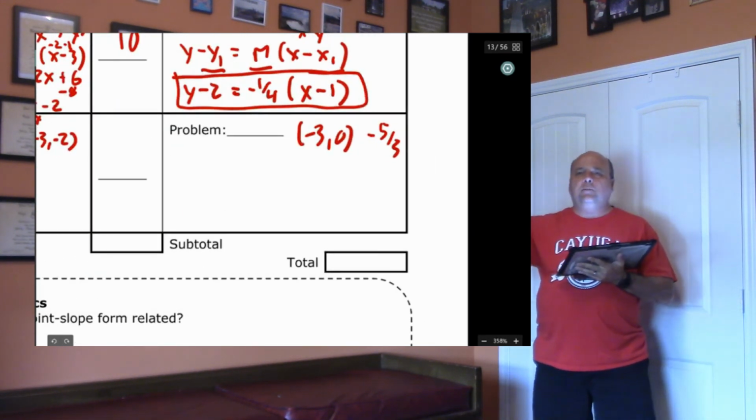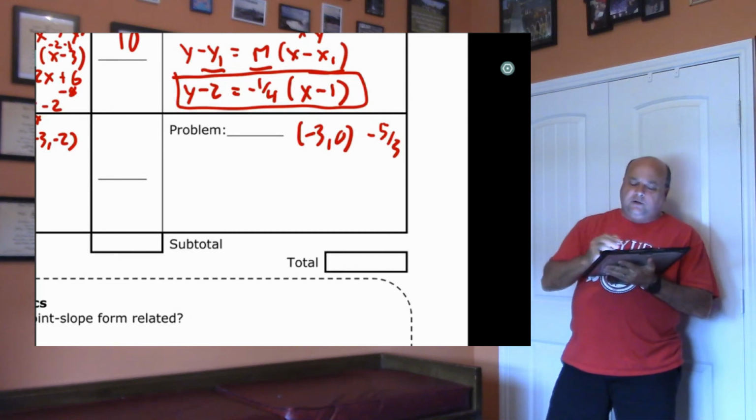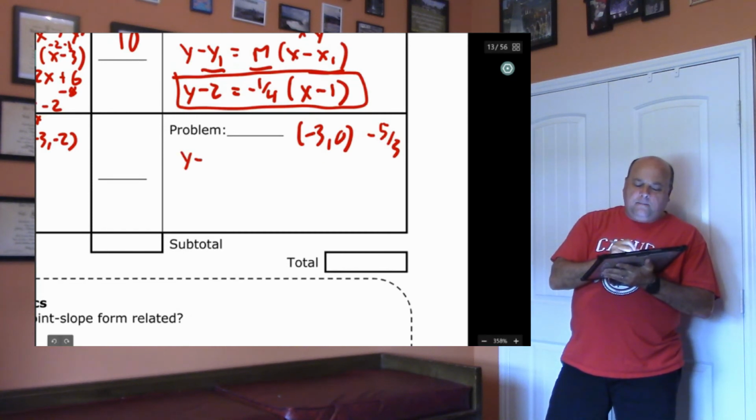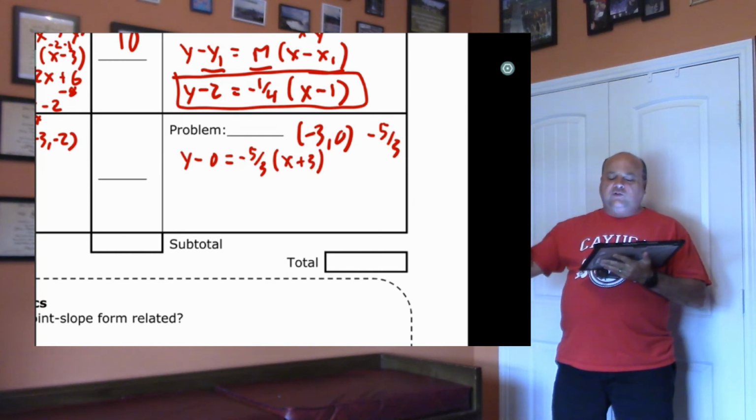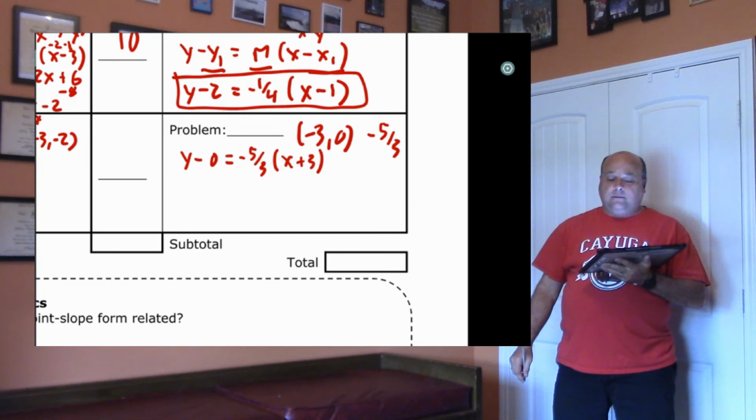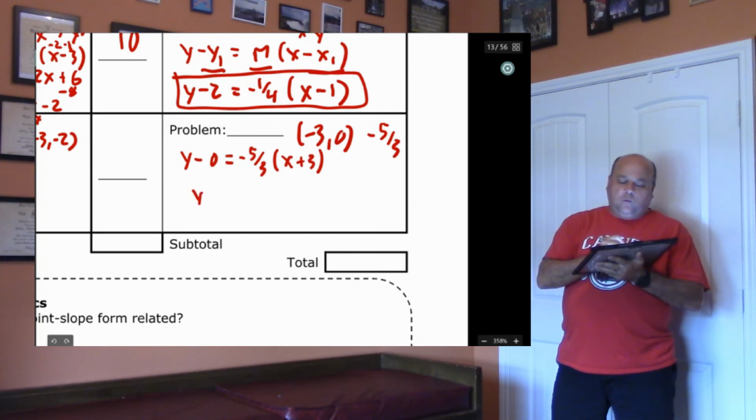Okay, I'm going to put this in point slope, and I'm going to switch it to slope-intercept. So y minus 0 equals negative 5 over 3 parentheses x plus 3. This is going to be a piece of cake because y minus 0 is y. Okay, so I'm going to get y equals, and then I'm going to distribute the negative 5 over 3.